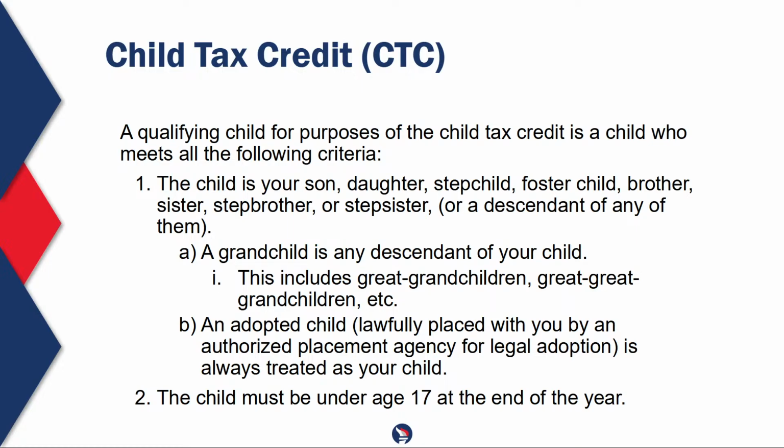Next year, they aged out. They turned 17. You can't claim them for that credit anymore. And then go through their return. Barring any other changes, your refund's going to go down $2,000. And so, is their refund big enough to handle it? Or do they need to make some changes on their W-4s at work?